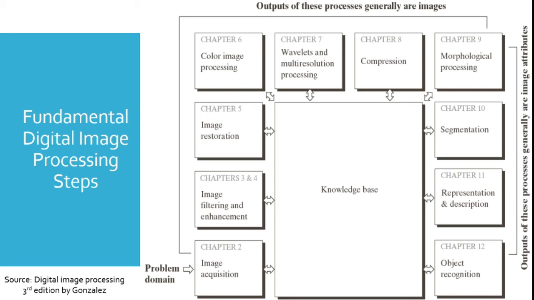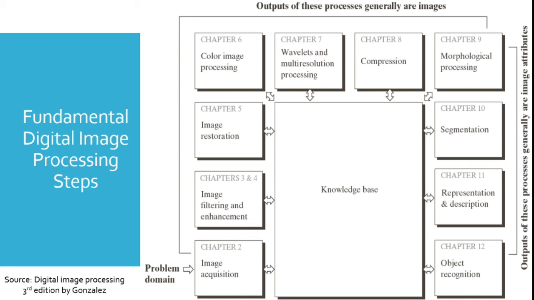Wavelet and multi-resolution processing is provided in chapter 7, and after that compression has to take place, which is highly used to reduce the size of an image without affecting or disclosing the data from the image. Morphological operation is again used to detect the edges of different kinds of objects.